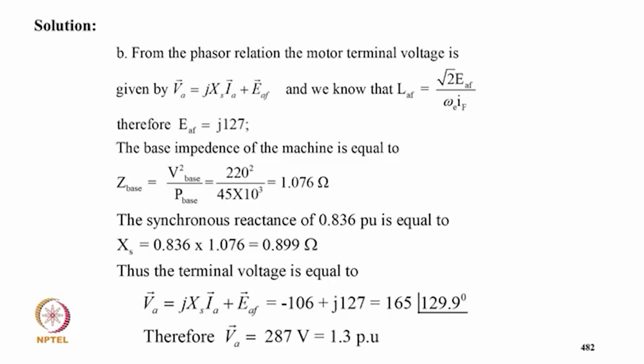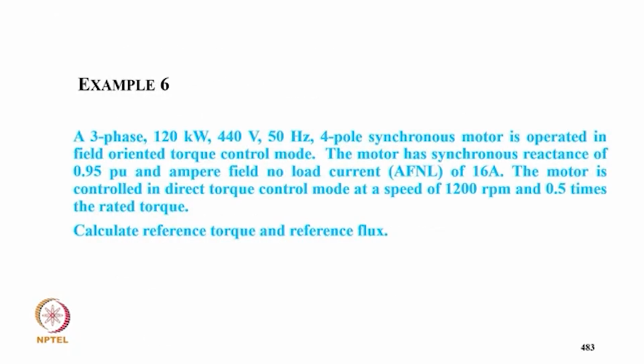The terminal voltage is VA equals j XS IA plus EF, putting in values at an angle of 129.9 degrees, and therefore VA is 1.3 per unit.